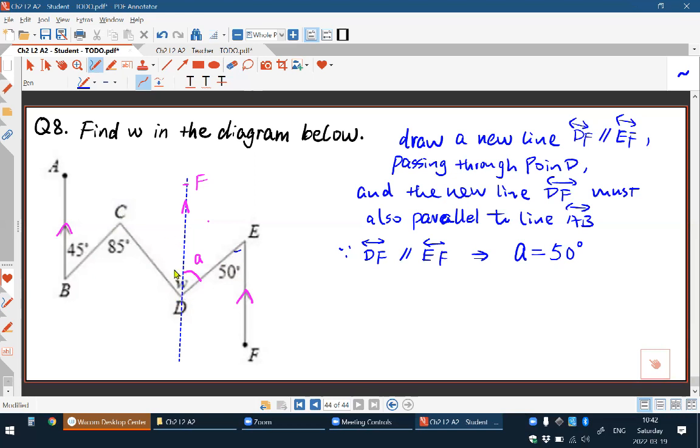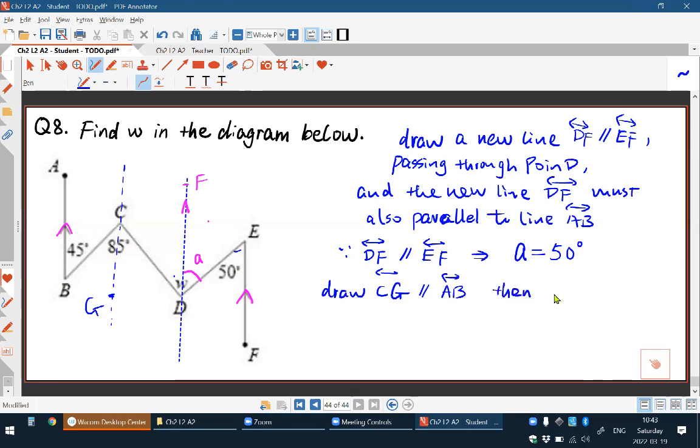And in order to solve this angle here, how about we draw another line here? Okay, let's call this G. Draw line CG parallel to AB.